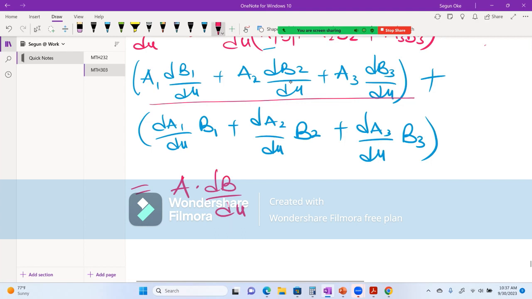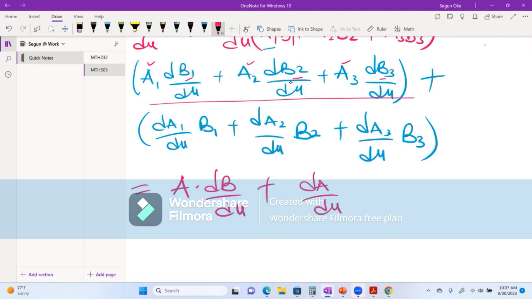Everything that I underline is A dot dB/du, because this one is A, this one is A, this one is A. If you add all of them together, they are A. If I add B1, B2, B3 together, they are all B. So they all have dB/du, plus dA/du dot B, which is the same thing as d/du in brackets A dot B. I've already proved it.